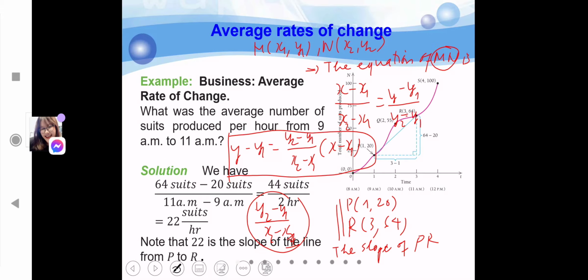For example, we find (64 minus 20) over (3 minus 1), which is called the slope of PR.